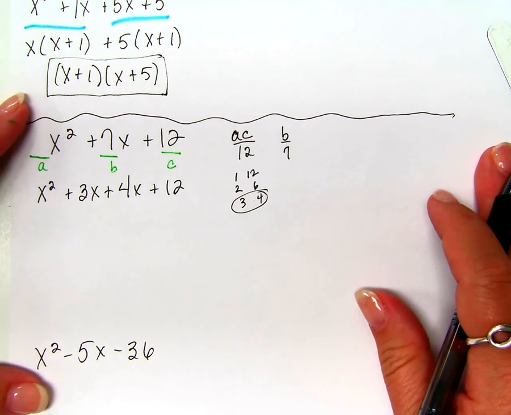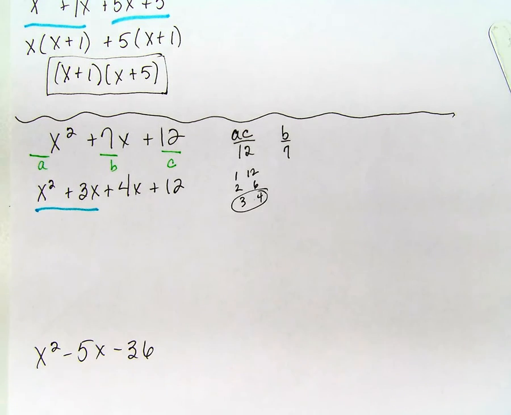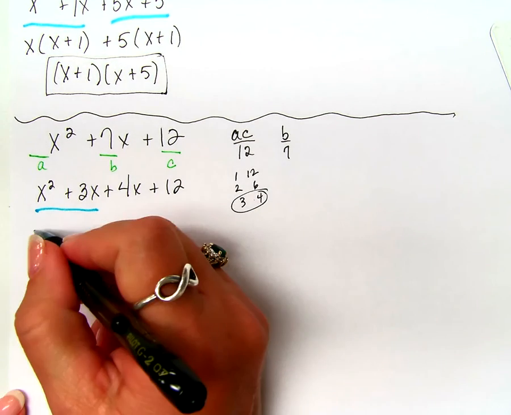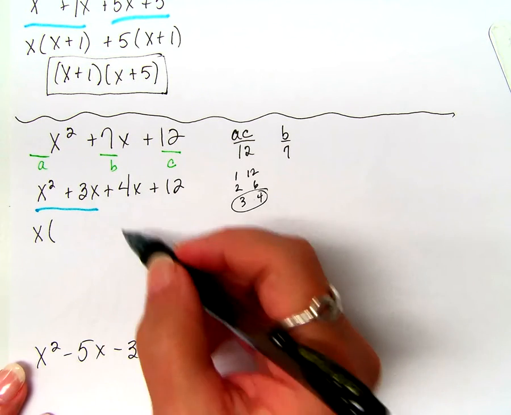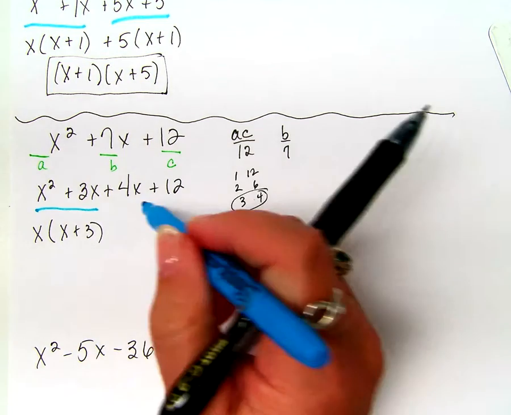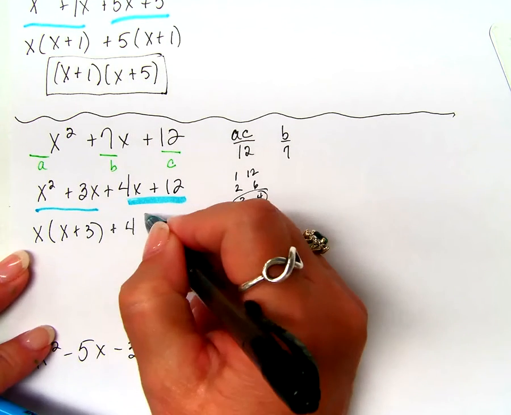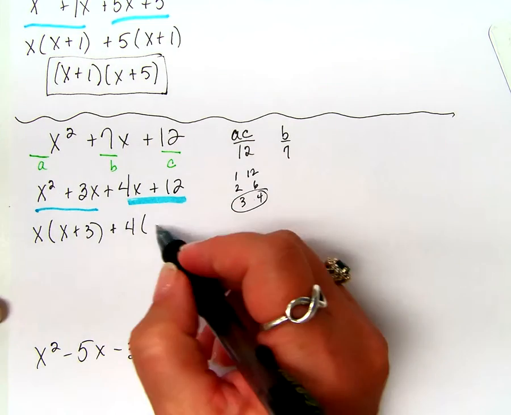Grouping. What's common? Factor it out. What are we left with? X plus 3. Grouping. What's common? Factor it out. What's left? X plus 3.